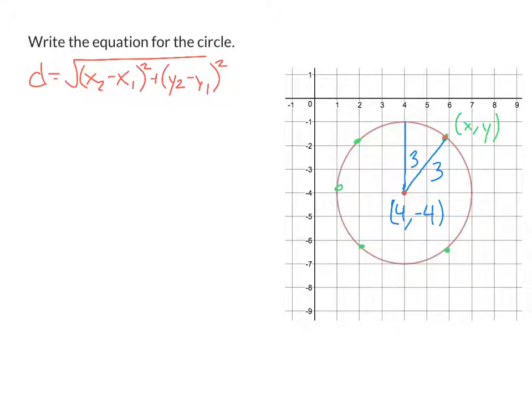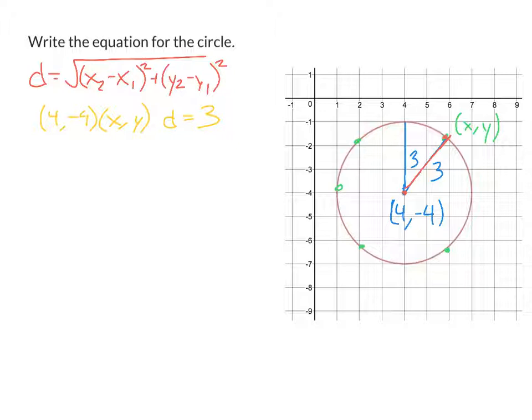And I can input the things that I know about this segment that I've just outlined in red. We have endpoints of (4, -4) and (x, y), and then my distance is 3.